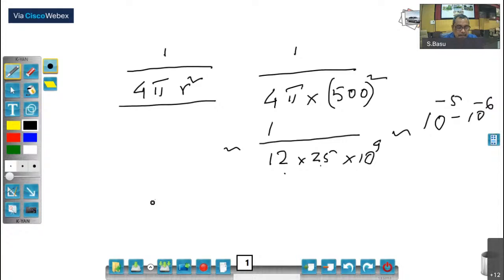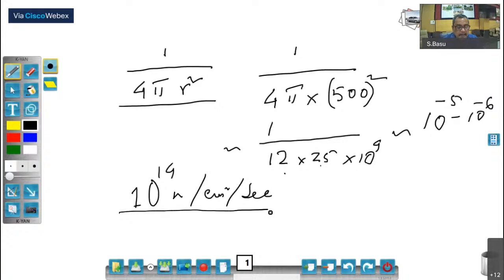So to start with, I have 10 to the power 14 typically neutrons per centimeter square per second.